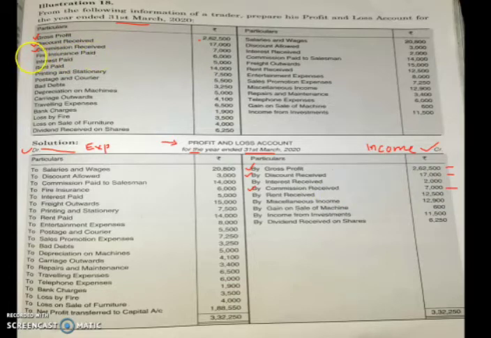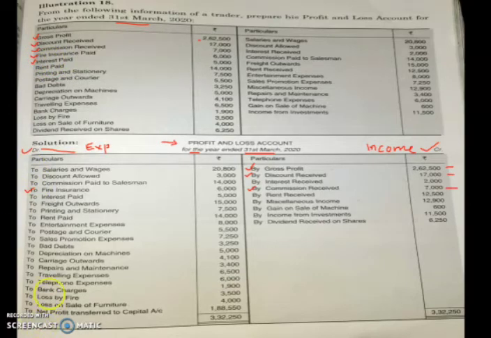Okay. Next is fire insurance paid. Now it's paid, that means expenses. If you are paying something, it's your expense that will be shown on the debit side. You can see how much is the amount. Fire insurance paid is 6,000. So 6,000 to fire insurance. Okay. Next item, interest paid. Again paid. Paid means expenses.